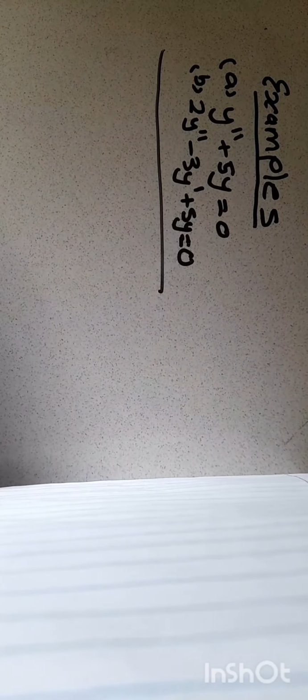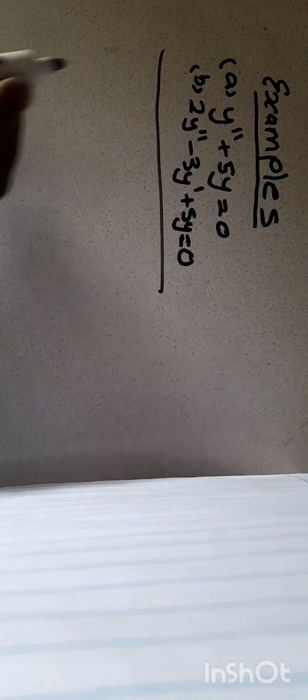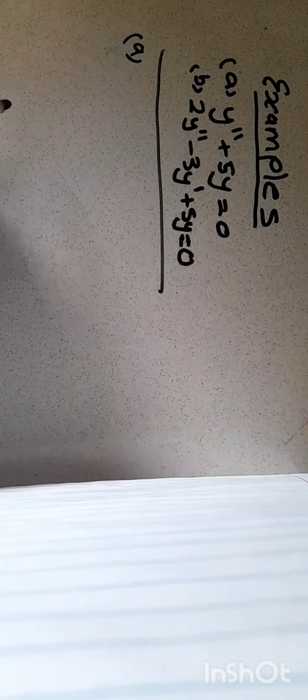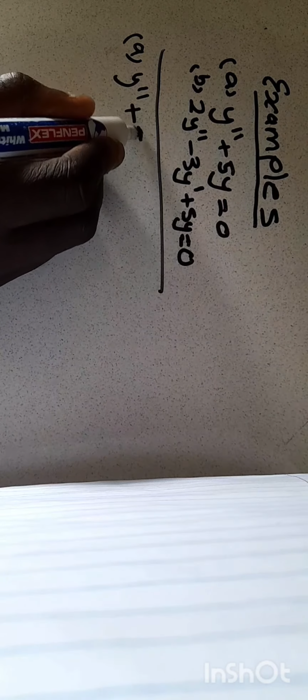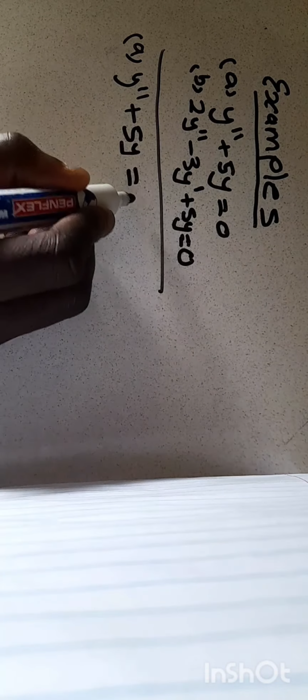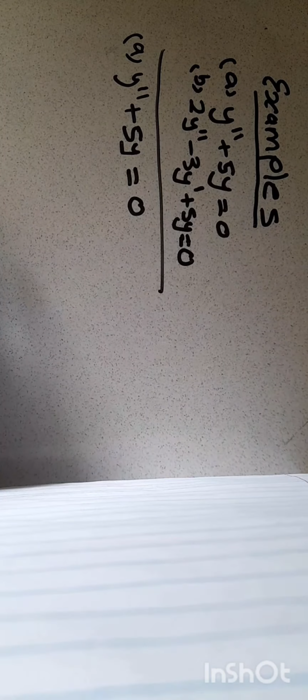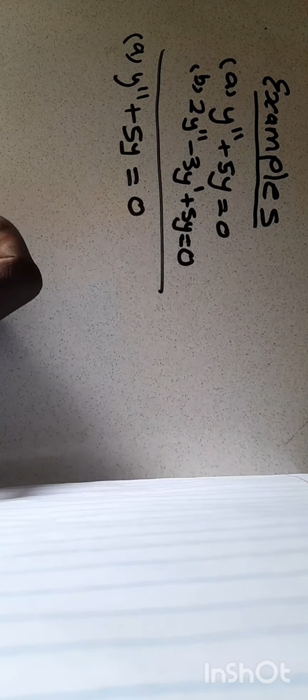So let's start with number A. As usual, you have to find the auxiliary equation or the characteristic equation of this differential equation.